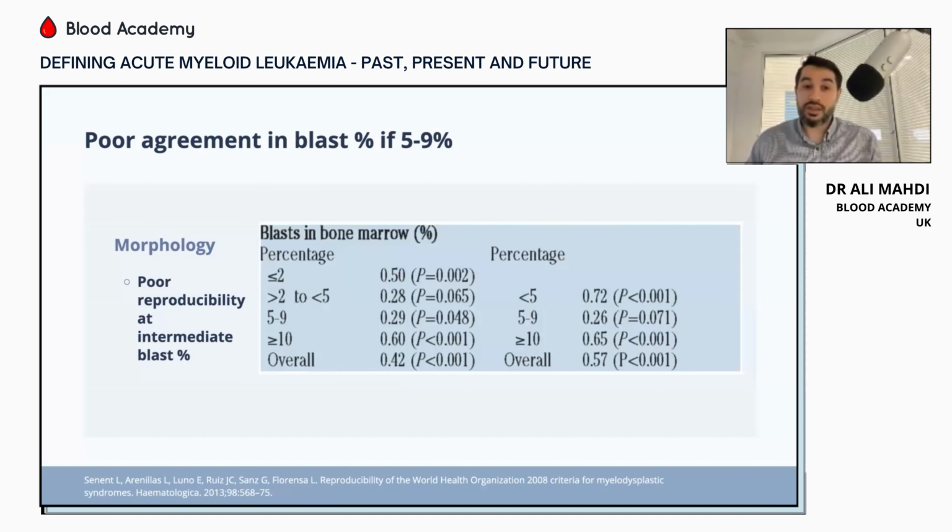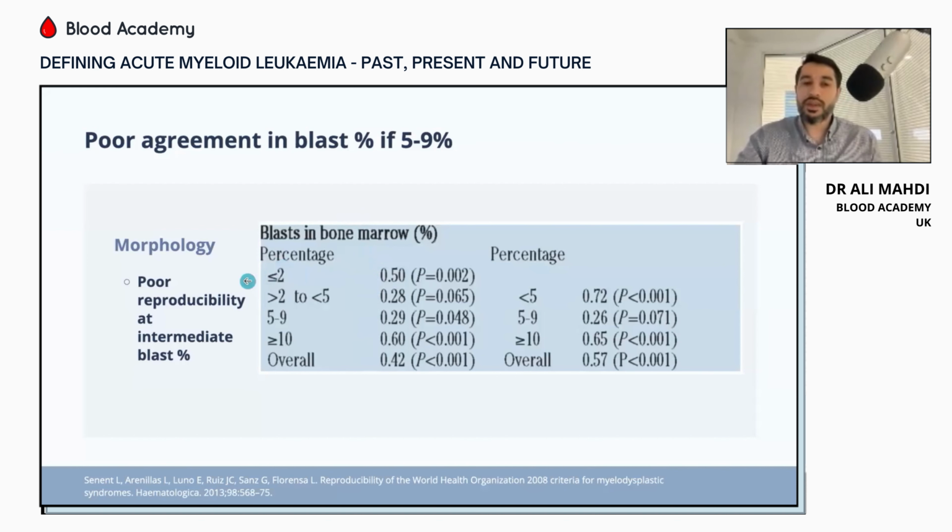And what this study actually showed was that if you took a group of hematopathologists and asked them to examine and enumerate blasts in a bone marrow sample, they highlighted a certain feature, which was something called the generalized kappa statistic. And this is what this number relates to. So if you have a number which is 1, you had complete agreement amongst the group. If you had 0, then there was no agreement at all. So the higher the number, the higher the agreement between all the different observers.